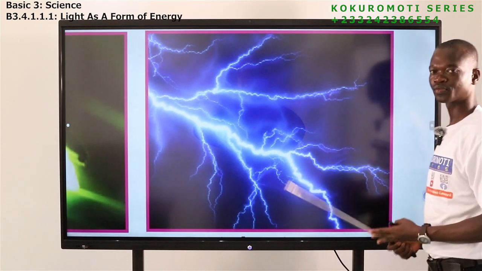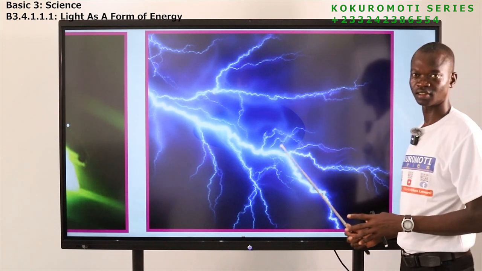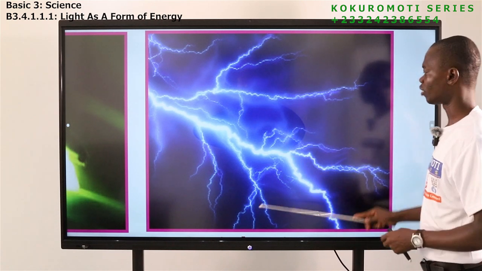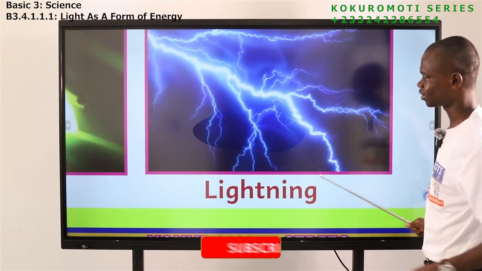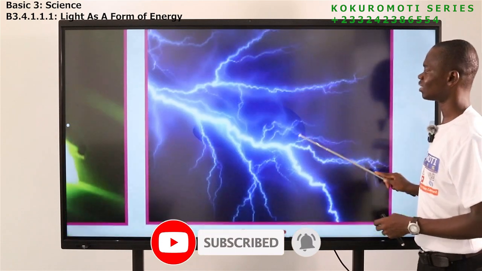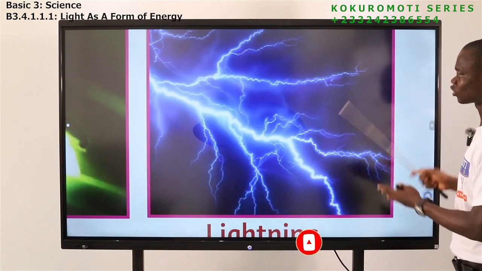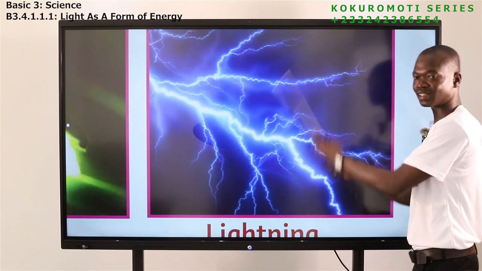Okay. Now look at this. At what time do we see this? We see this when it is raining heavily, and we call it lightning. Mostly it goes with thunder. So this thing also is a form of light, or a way that we see light.